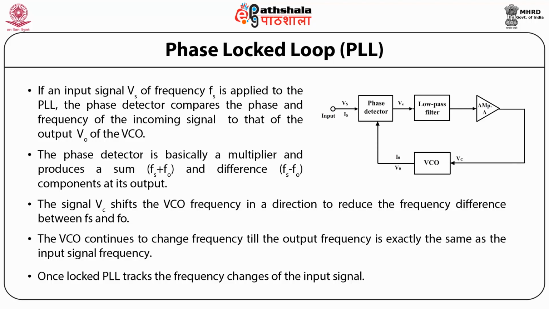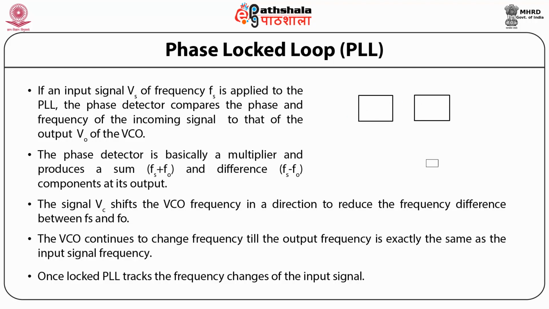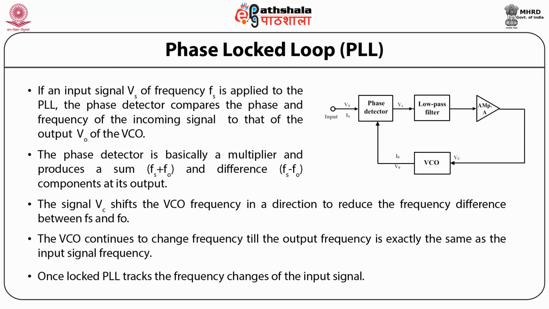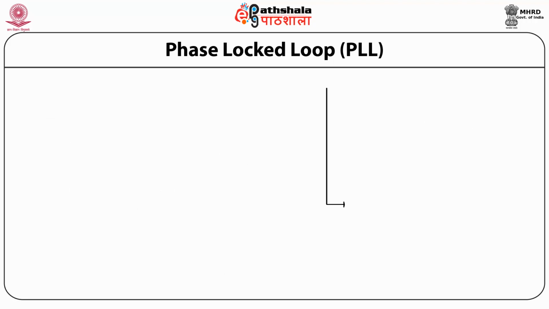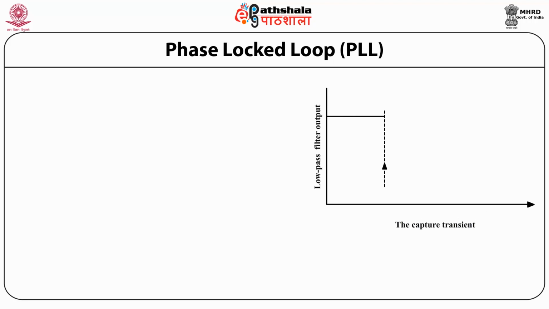So PLL consists of three stages. First, free running, second, capture, third, locked or tracking. This figure shows the transient of the low pass filter output versus the capture transient.